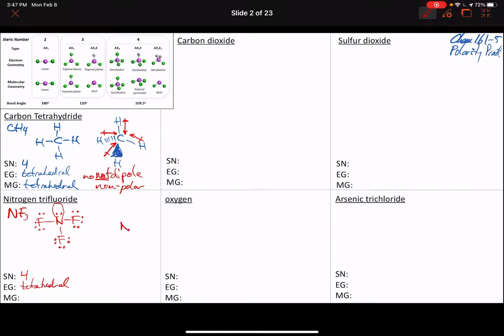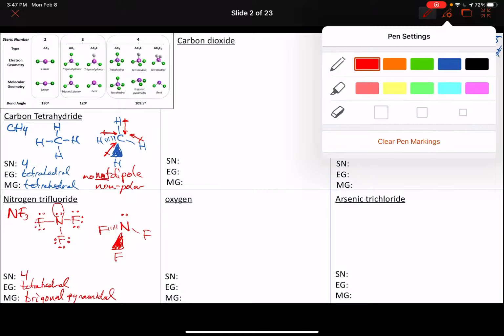So we'll put a nitrogen here, put that lone pair atop, send one fluorine over here, send another fluorine to the back, and a wedge fluorine coming out of the page. So this looks like a pyramid with nitrogen at the apex. So we'll call this a three-point pyramid, a trigonal pyramidal molecular geometry.